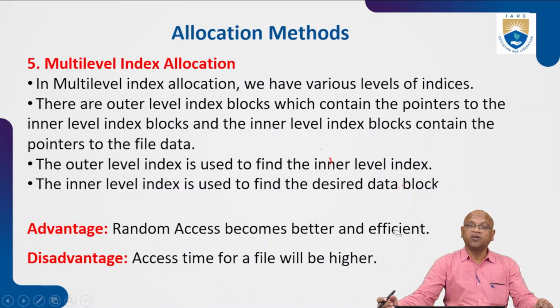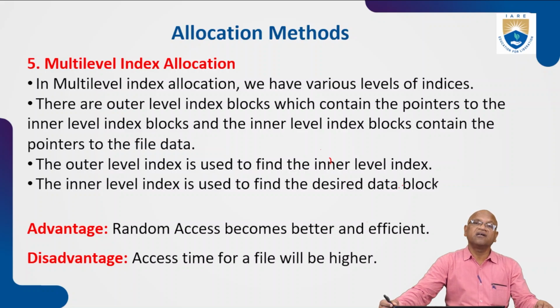That is no limitation. But access time for a file will be higher, because the index blocks are interlinked, apart from the data blocks also being linked to the index blocks. The outer level index is used to find the inner level index, and the inner level index is used to find the desired data blocks where the file is saved.